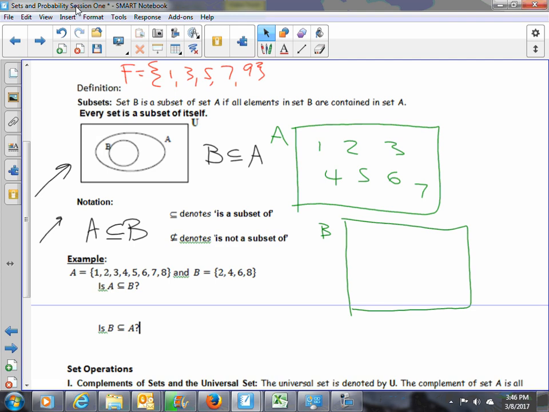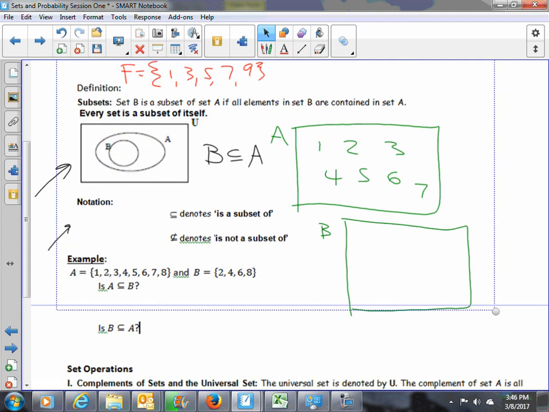In other words, what we're saying is that B is a set that's smaller than or equal to A, in that it has only elements of A, and there might be elements in A that are not in B. Notice those elements would be in, say, this region right here, but everything that's inside B is inside A.